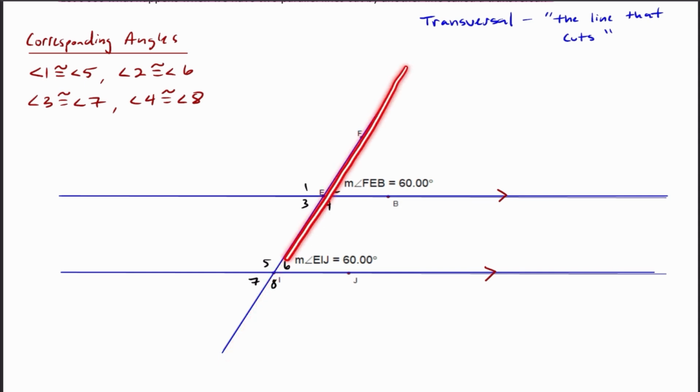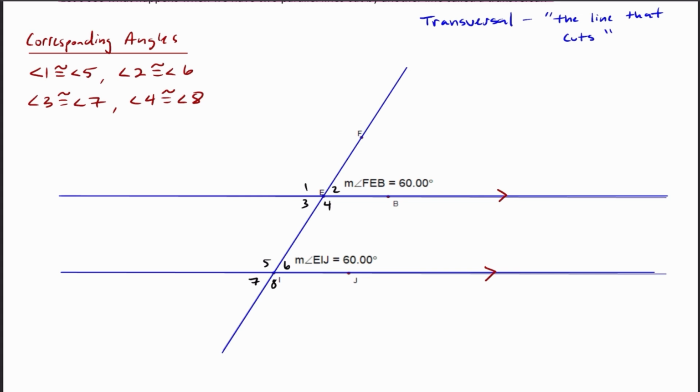While angles can be on the same side of the transversal, angles can be on opposite sides of the transversal. For instance, angles 1 and 2, they are not on the same side of the transversal, they are on opposite sides of the transversal. Angles 3 and 4 are on opposite sides of the transversal, angles 5 and 6 are on opposite sides of the transversal, and angles 7 and 8 are on opposite sides of the transversal.